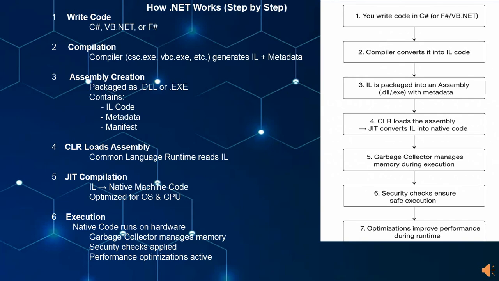The CLR loads the assembly, and the JIT compiler converts IL into native machine code optimized for the OS and CPU. Finally, the native code runs on hardware, with garbage collection, security checks, and performance optimizations handled automatically.